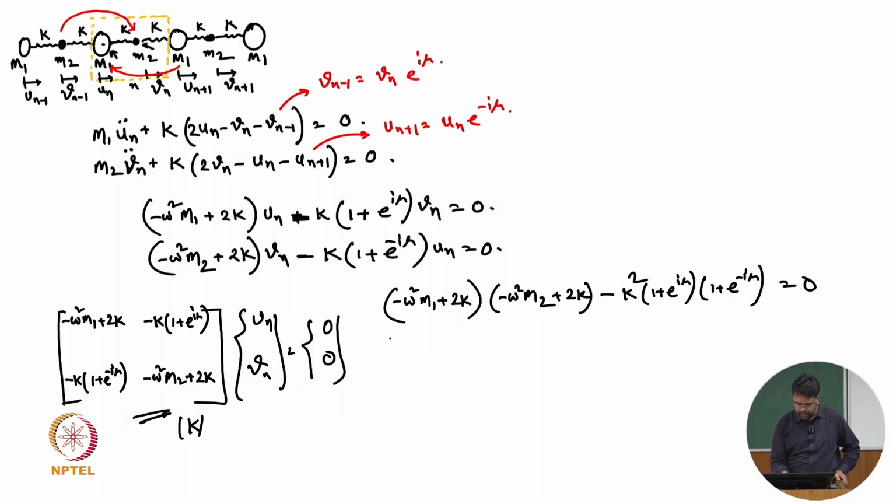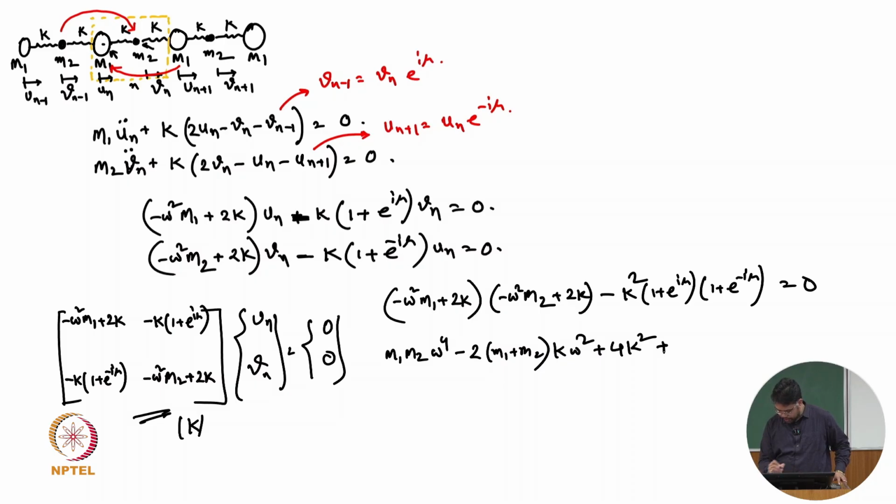So then from here, what can I write? We can write that m1 m2 omega to the power 4 minus 2 m1 plus m2 into k into omega square plus 4k square minus, sorry, not plus, minus 2 plus e to the power of I mu plus e to the power of minus I mu into k square, that should be equal to 0.